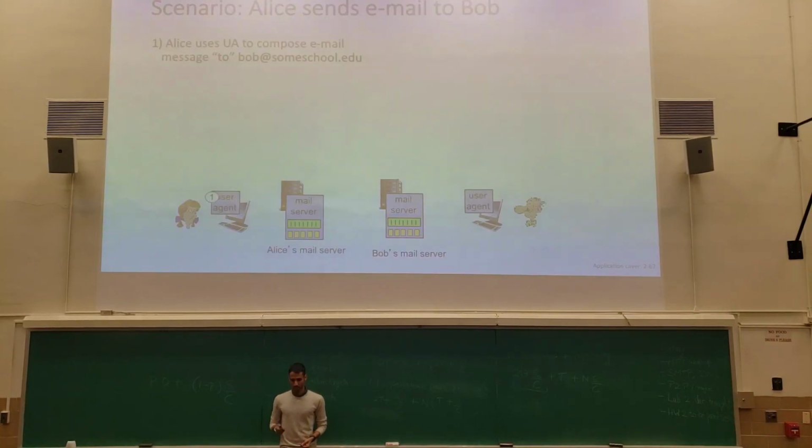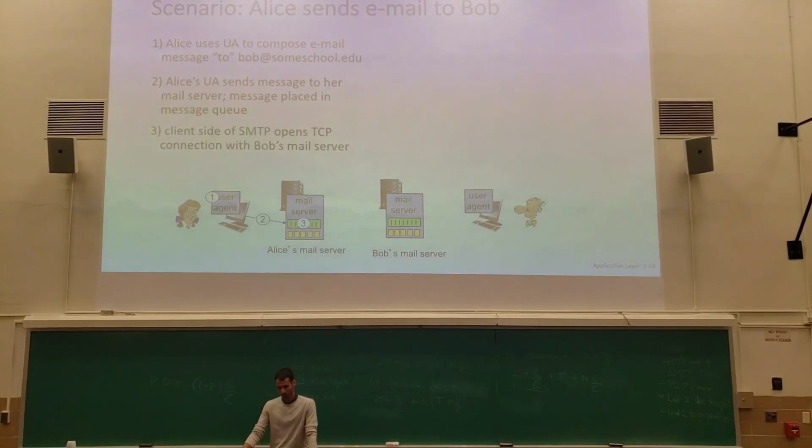Let's look at what happens when you send an email, and then we will speak the email protocol, just like we did HTTP on the command line using Telnet. If Alice wants to send an email to Bob at someschool.edu, she uses her user agent to send this message. It's placed in her institution's mail server, which acts as the SMTP client.